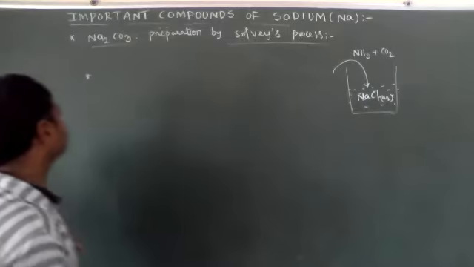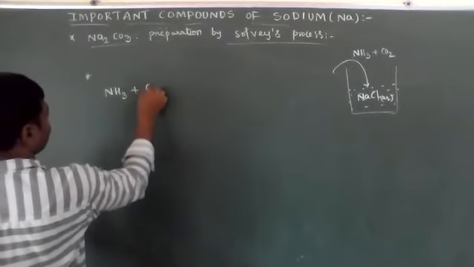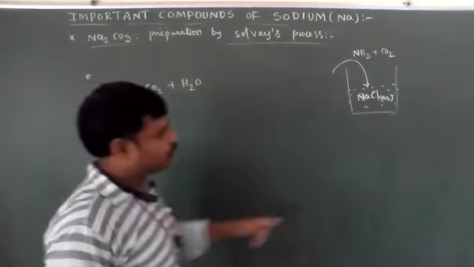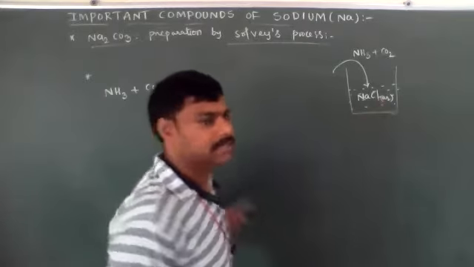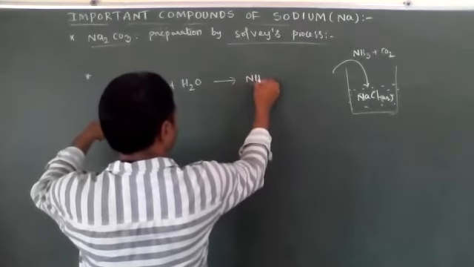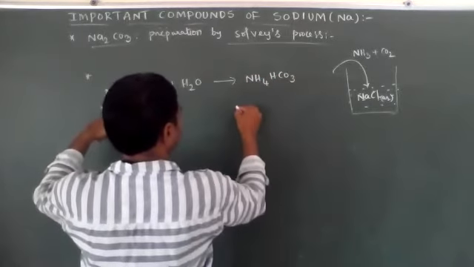Okay, students. Let's see first: ammonia and carbon dioxide, and in aqueous NaCl solution, what is present. In the first step, they form NH4HCO3, ammonium bicarbonate.